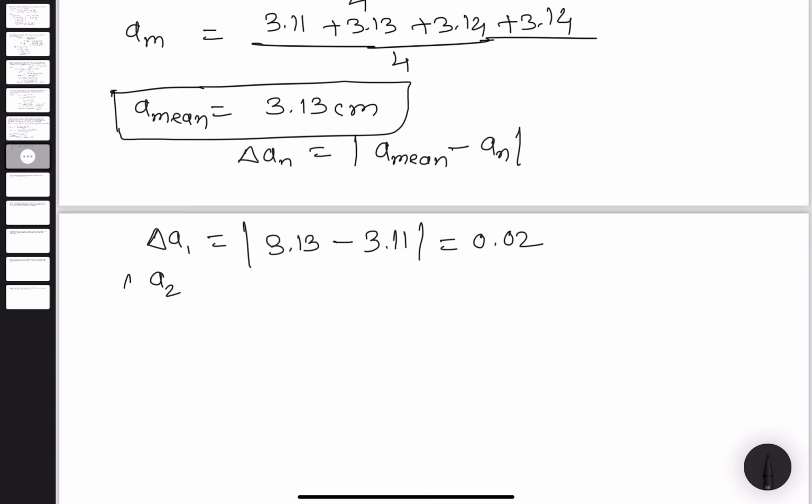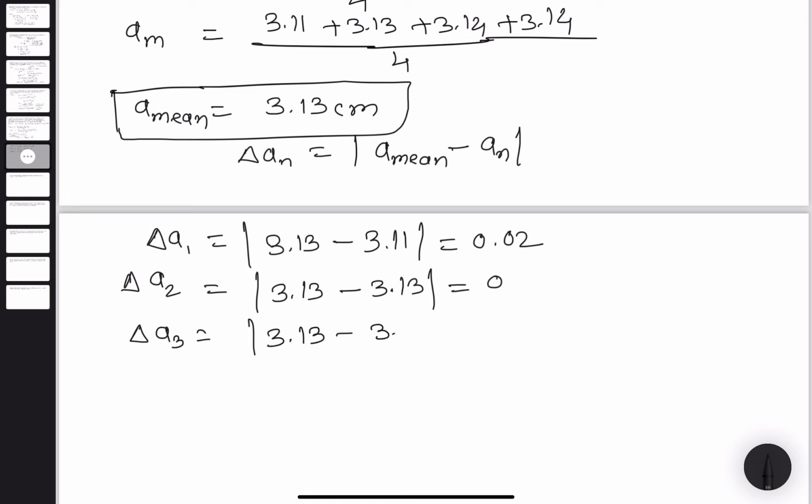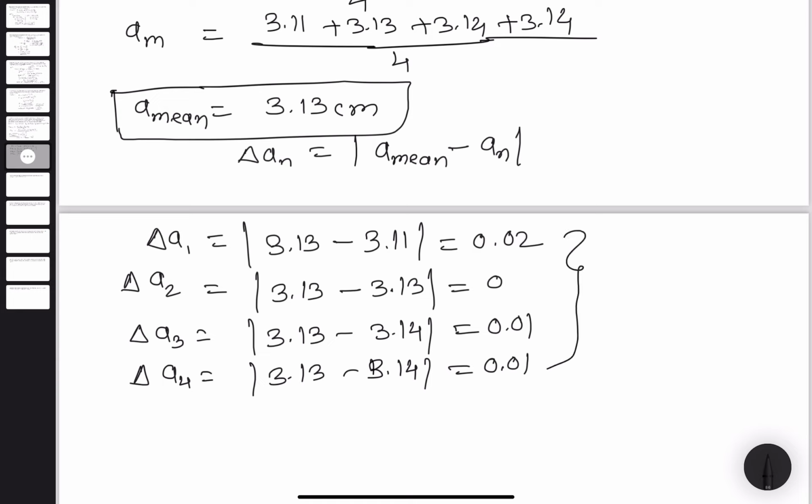Delta a2 will be 3.13 minus 3.13, so that will be 0. Next delta a3 will be 3.13 minus 3.14, that will be 0.01. Next delta a4 will be 3.13 minus 3.14, it will be 0.01. So these are the absolute errors.